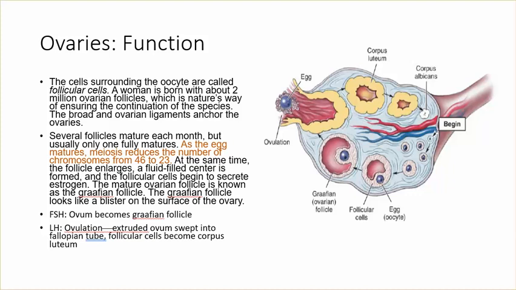But this liquid-filled space gets bigger and bigger and bigger until it's like a livid zit, like a pimple. And at that point, we call it a Graafian follicle. And it's protruding out the surface of the ovary, right? And the amount of estrogen that's being produced gets really, really big.